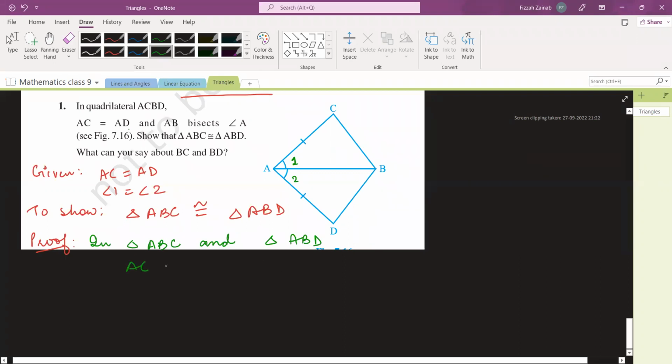So AC is equal to AD, which is already given to me. Clear? One condition I got. And angle 1 is equal to angle 2, which is again given. Correct? Now you can see the side AB is part of both the triangles, right? So one triangle is this, which is ACB.